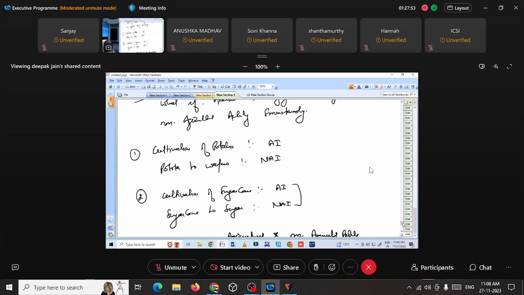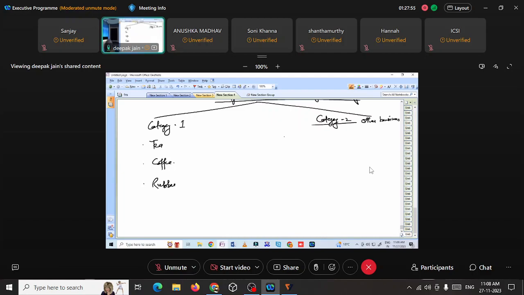Examples of other business: sugar cane to sugar, chili to sauce, tomato to sauce, potato to wafers.